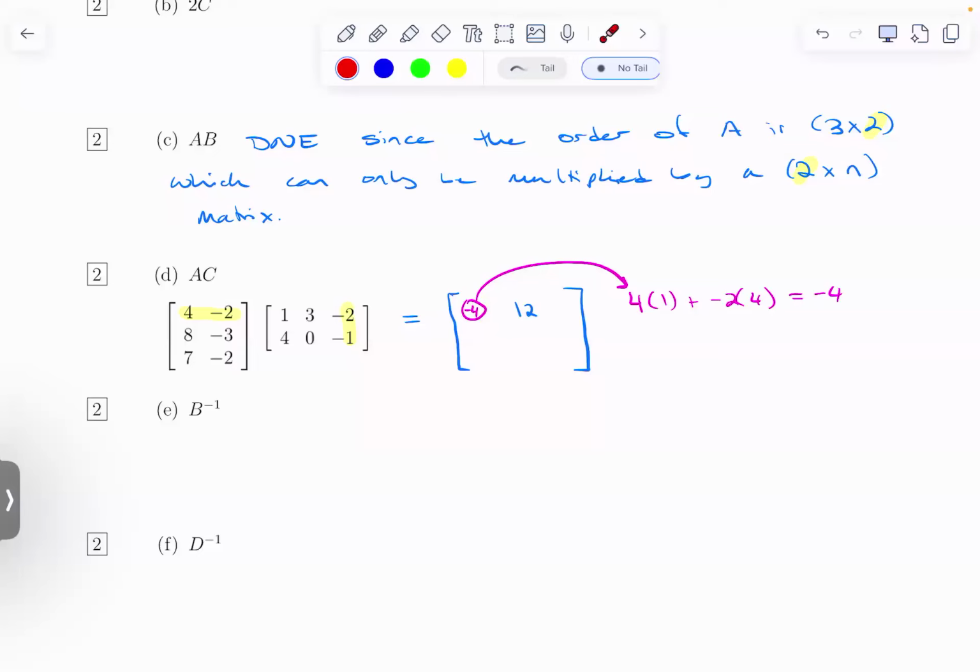Negatives strike again. Sorry, guys. -8 plus 2 is -6. I didn't write it, so I don't have to write it in red. I think those are the rules.